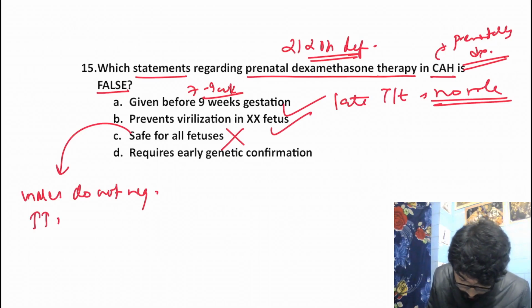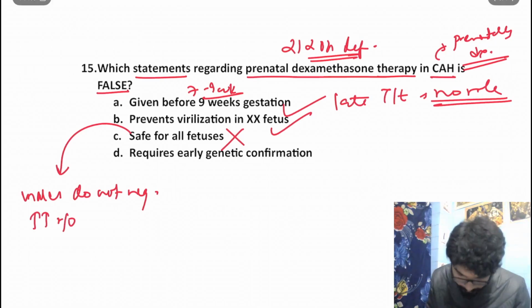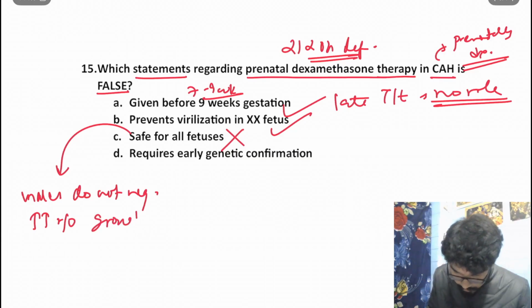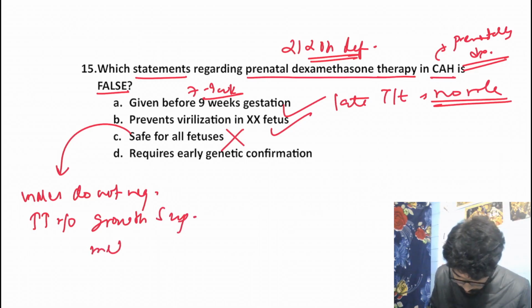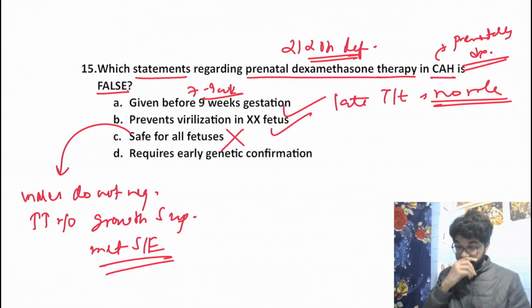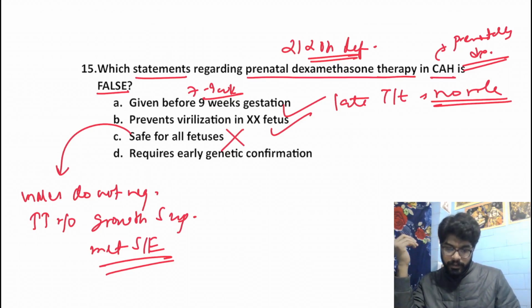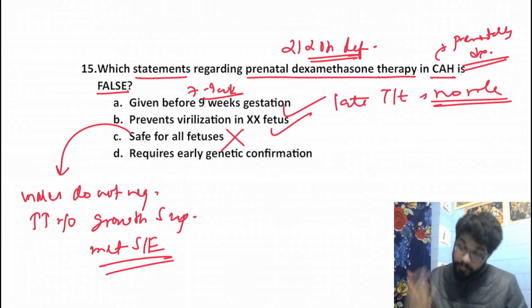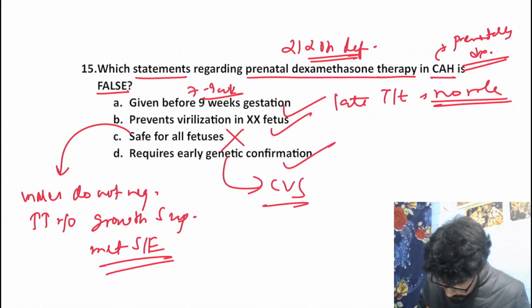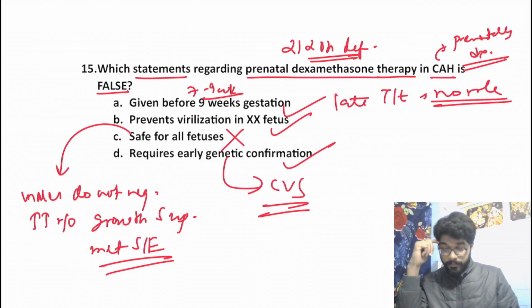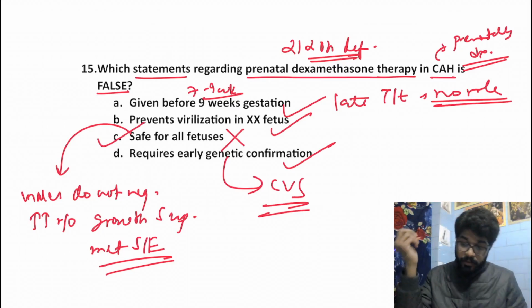But this excess steroid exposure can increase the risk of growth suppression, and there are also the metabolic adverse effects associated with prenatal dexamethasone therapy. That's why we try to avoid it in males and in those who do not require it. And it requires early genetic confirmation. Of course, yes, this is done via CVS, chorionic villus sampling. So our answer over here should be C.